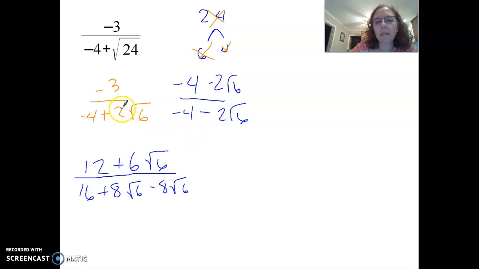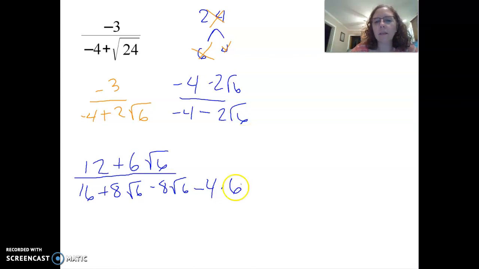Positive times a negative, well, that's a negative. Now I multiply the outside numbers together, positive 2 and -2, that makes -4. I've already got the negative there. And now what happens with square root of 6 and square root of 6? Well, those are the same. Square root of 6 times square root of 6, that's the square root of 6 squared, which is just 6.